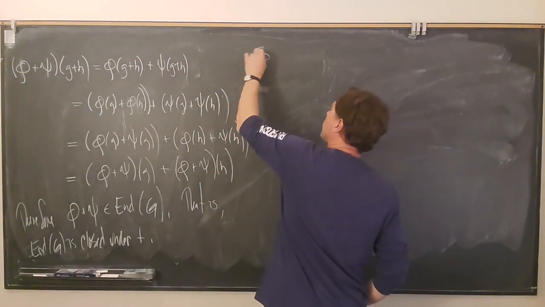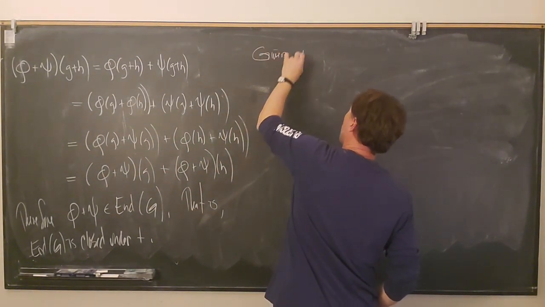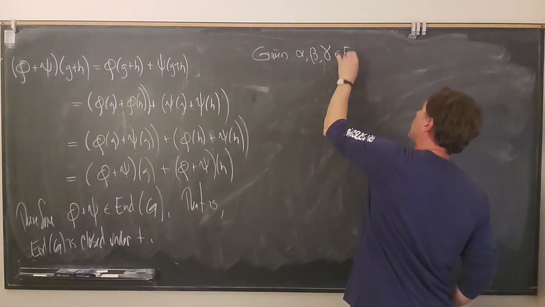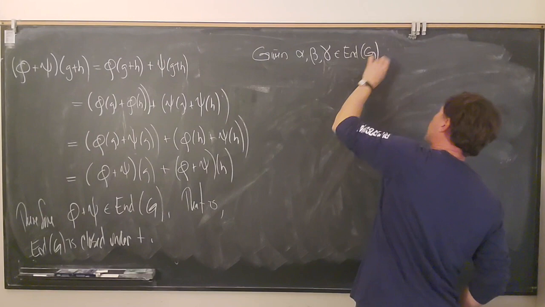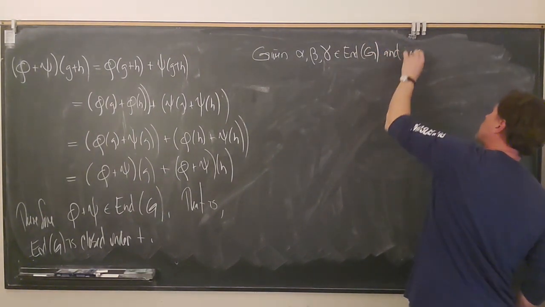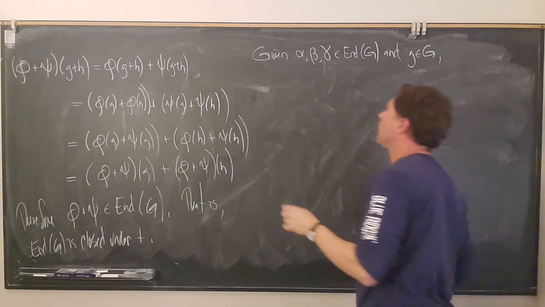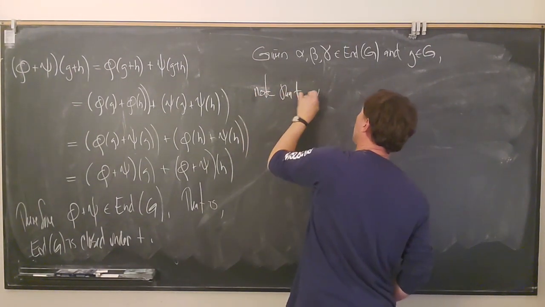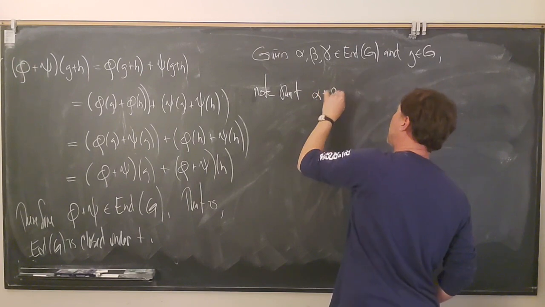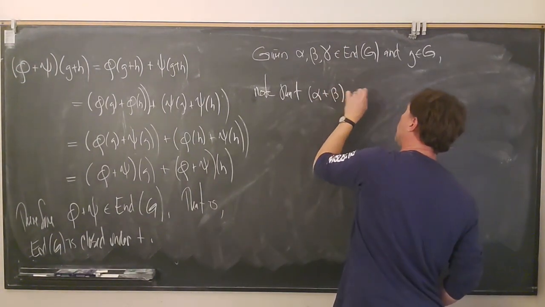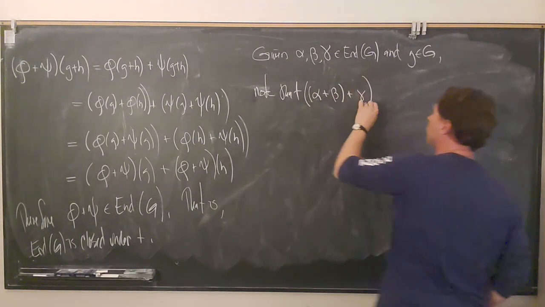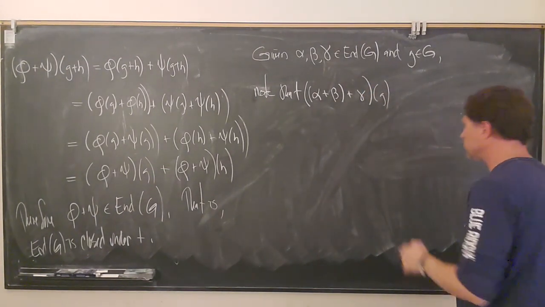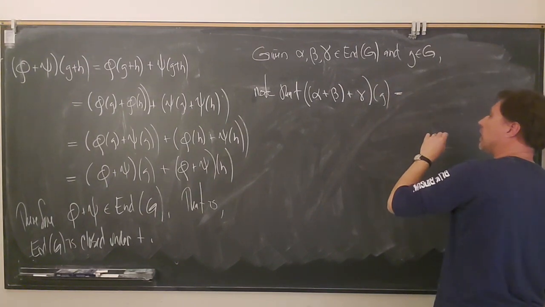So given alpha, beta, and gamma in End G and little g in capital G, note that alpha plus beta, plus gamma, applied to little g is equal to, so what's this going to be?